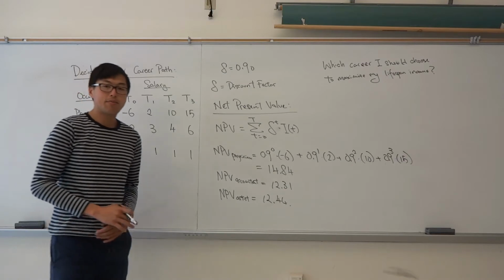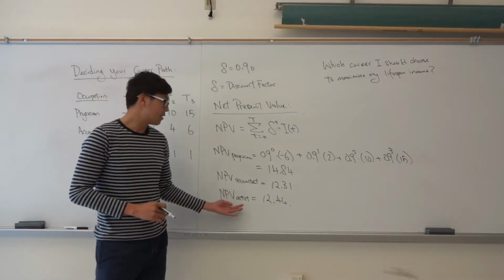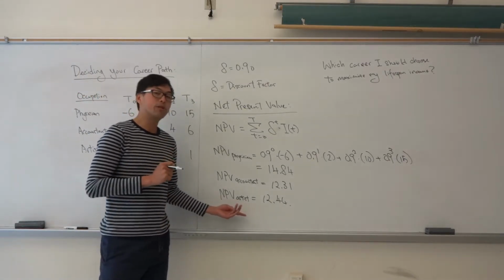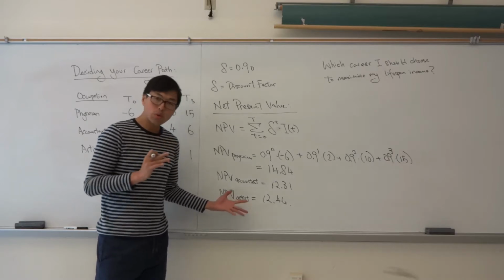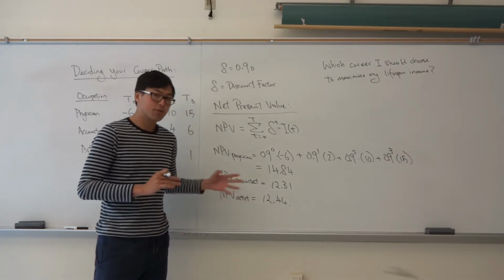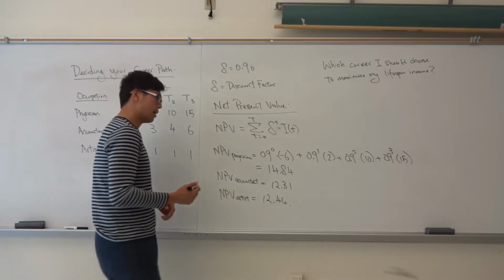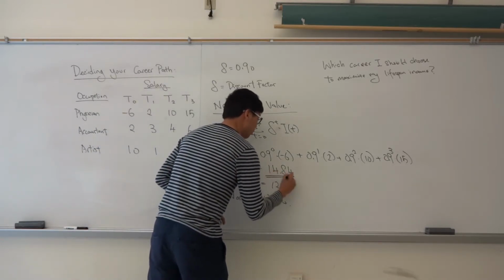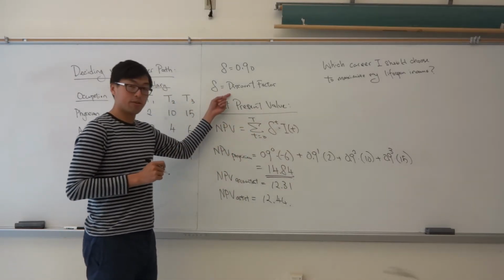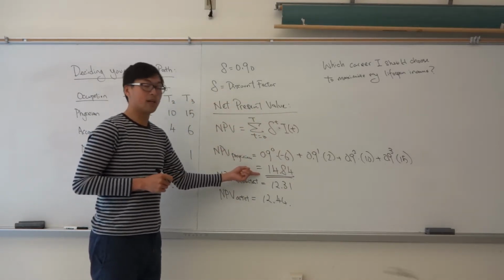So this net present value, again, describes to us the values of the total lifespan income for each profession. So in this case, obviously, given this number, I believe most people with a discount factor of 0.9 will choose to become a physician.